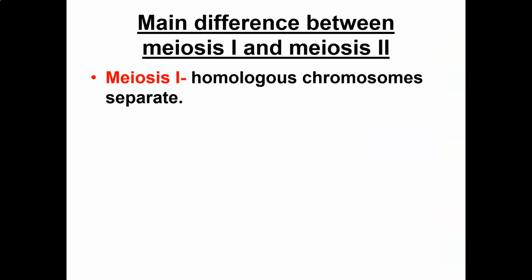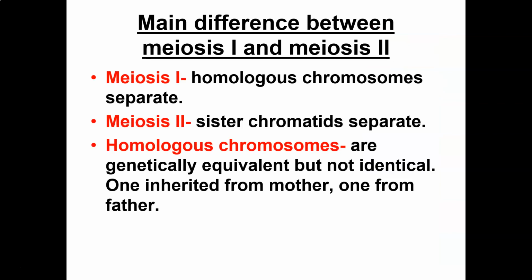Okay, here are some main differences. Let me just get them all up here. Meiosis, I didn't even tell you this part. Meiosis is divided into two stages, meiosis 1 and meiosis 2. And each one of those has the same 4 stages that mitosis has: prophase, metaphase, anaphase, telophase.